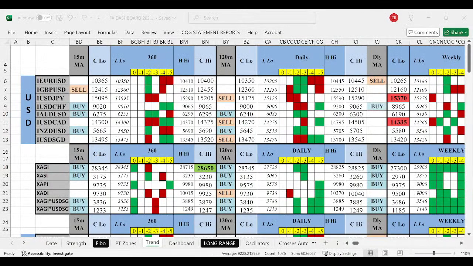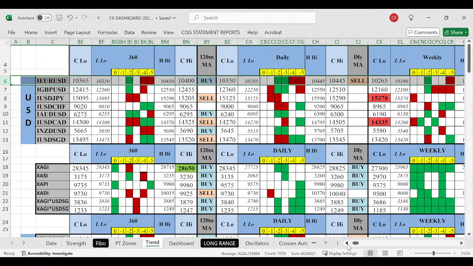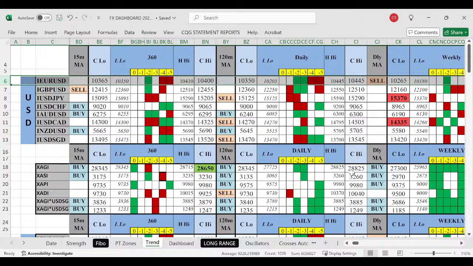So when we see the key data, the trend on the euro dollar is flat with an upside view on the hourly. Daily is also flat with an upside view, and weekly is also flat with an upside view.